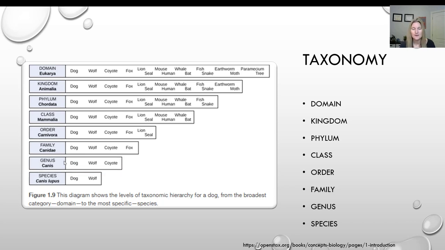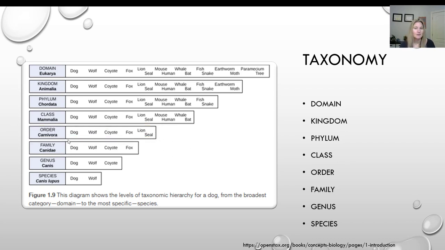So from there, we know that coyotes, wolves, and dogs are pretty closely related to foxes. So they fall under the same family, Canidae. So it's a little bit more broad than a genus because it encompasses fox. We can also take it a step further, and we can see that dogs, wolves, coyotes, and fox are all carnivores, along with lions and cats and seals and bears and things like that.